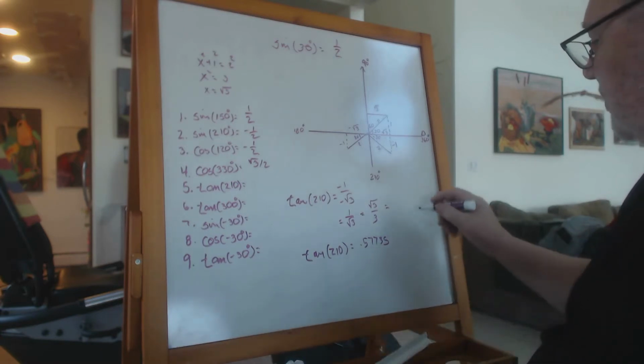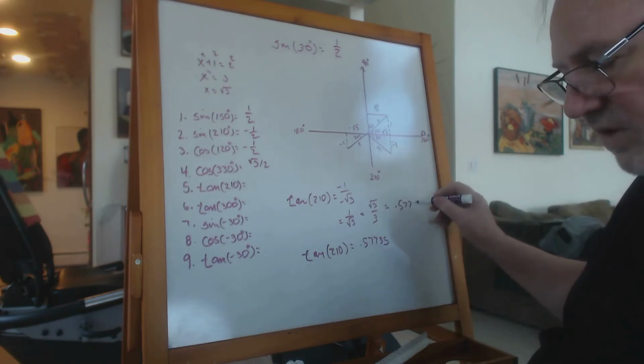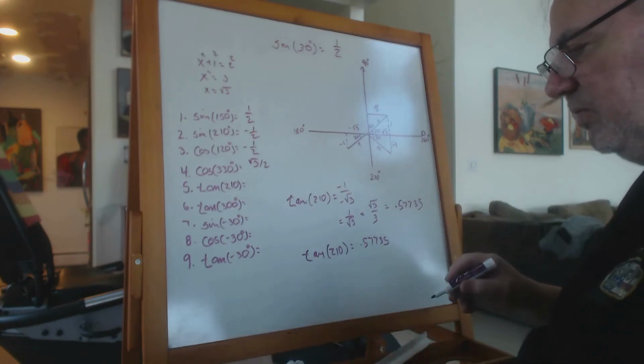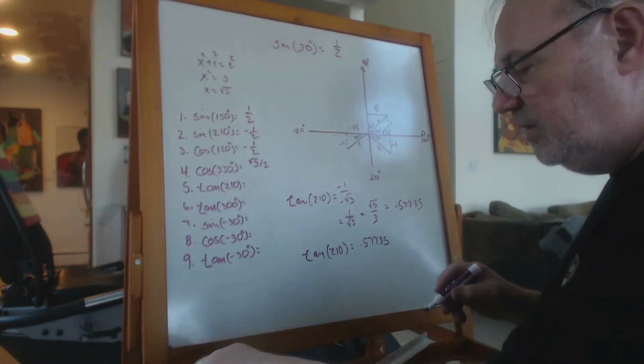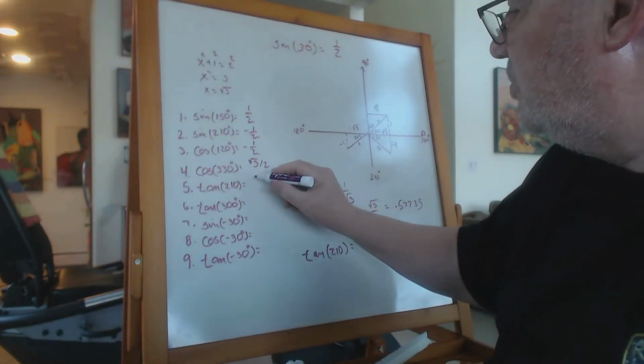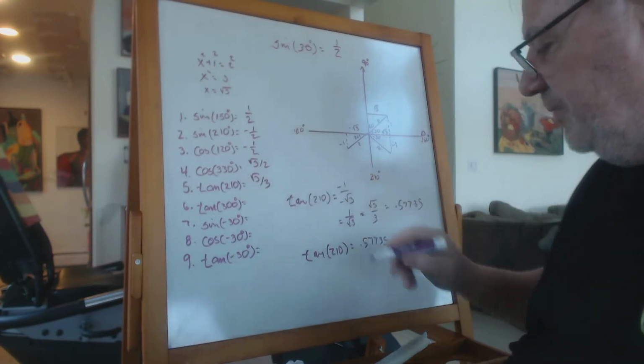And that's the same, 0.57735. So we worked that out correctly. And we have square root of 3 over 3.